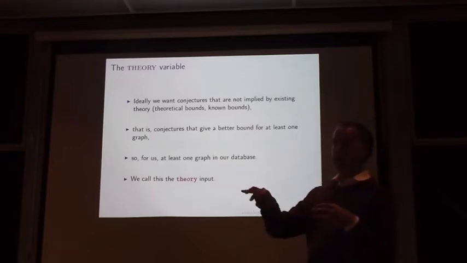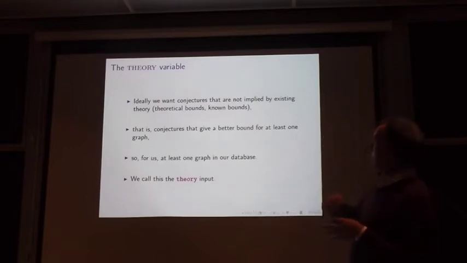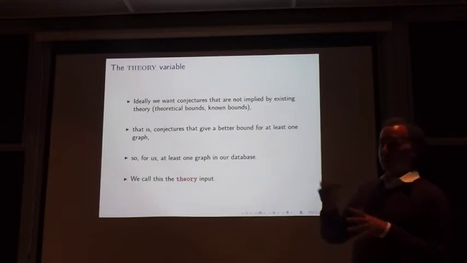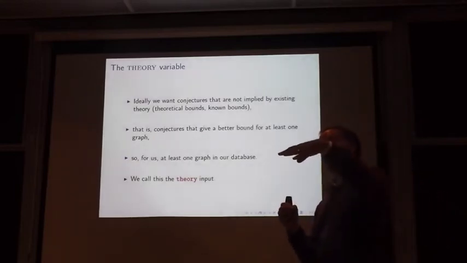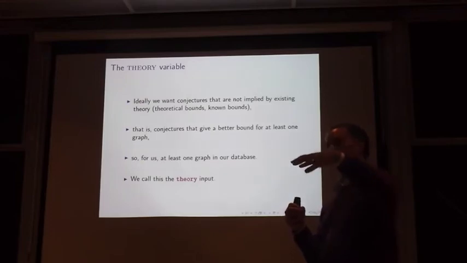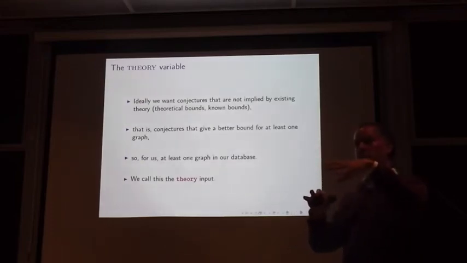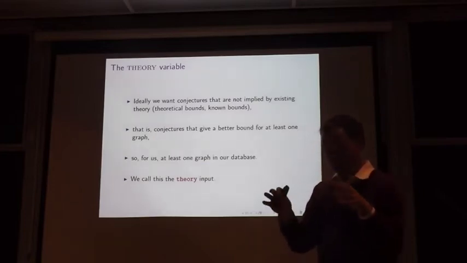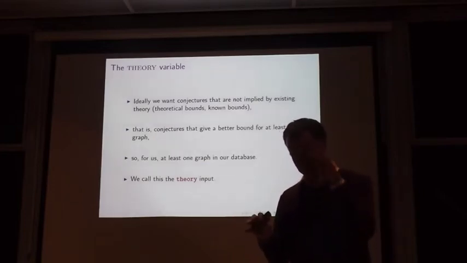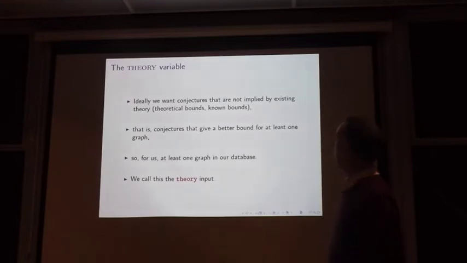For the sufficiency conjectures, we want a conjecture that tells us something about one graph that the previous sufficiency conjectures didn't tell us, so the union of the existing conjectures plus this graph is bigger.